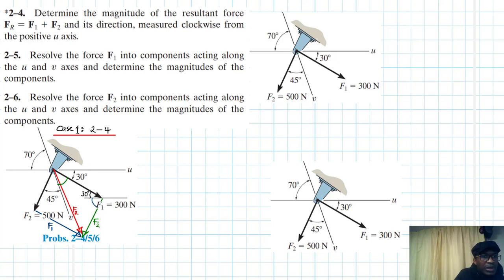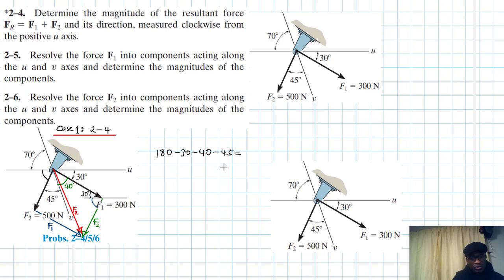So this one there is 40, like we said. If this is 40 degrees, what is this angle here? This angle here is just going to be equal to 180 minus 30 minus 40 minus 45. Agree?